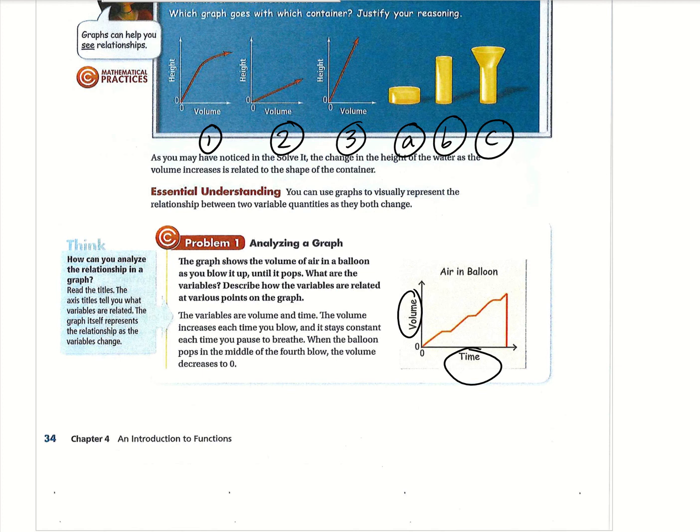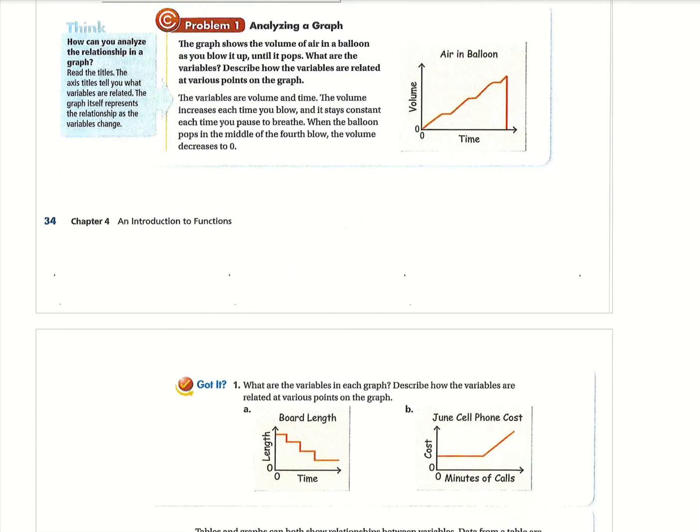That's just how balloons work. And then it stays constant each time you pause to breathe. When the balloon pops in the middle of the fourth blow, so up here, the volume decreases to 0. And you notice there's an immediate decrease, so no time passes there. Hopefully that one is pretty simple to look at.